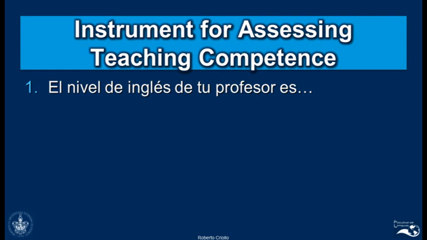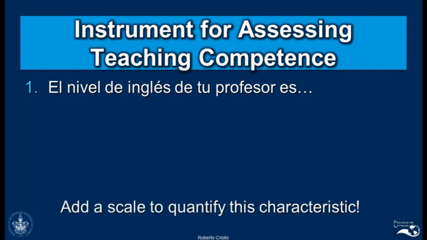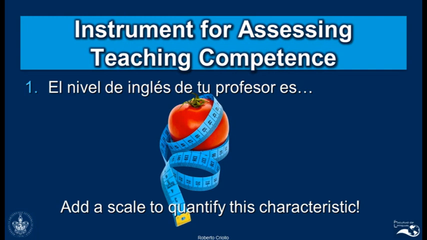The question is as follows: El nivel de inglés de tu profesor es. And then of course, what we need to do now is to add a scale to quantify this characteristic. We need to have answers, and the answers have to tell us the extent to which the level of English of the teacher is excellent or is very bad. So we need a scale.